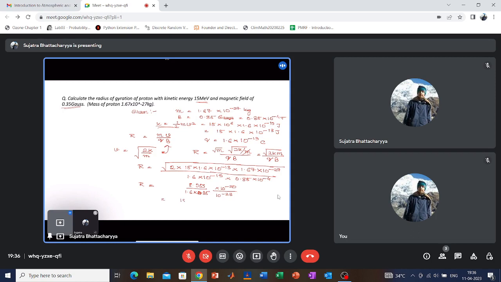So it comes out to be 15.98 into 10 cube meters. This is the answer. It's a very large radius of gyration. You can see that because the energy is so high, its velocity becomes so high, and we know that radius is proportional to the velocity.